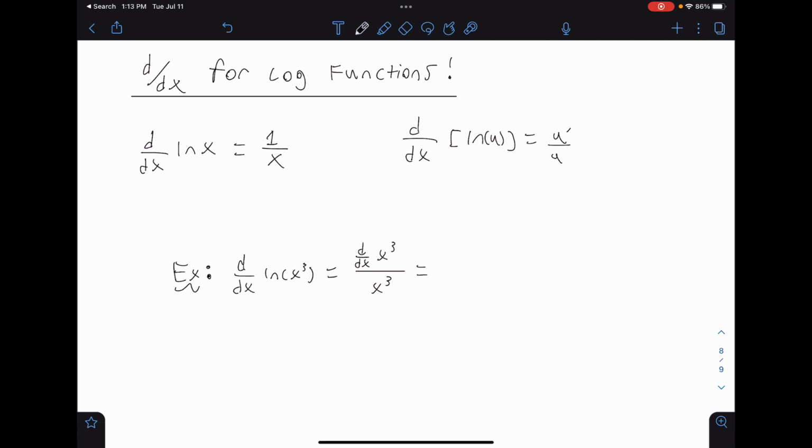And that is found by doing the power rule, which we learned in the last video. So x cubed, and then on the numerator here we have 3x, bring the power down, then subtract 1. So 3 minus 1 is 2, so 3x squared.